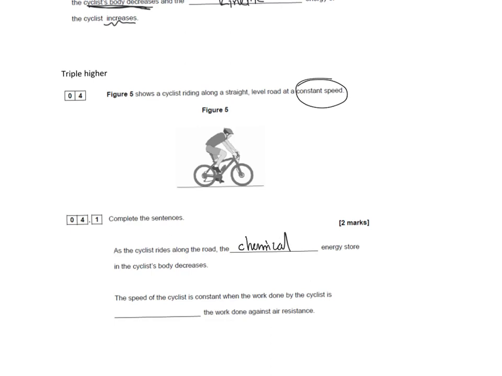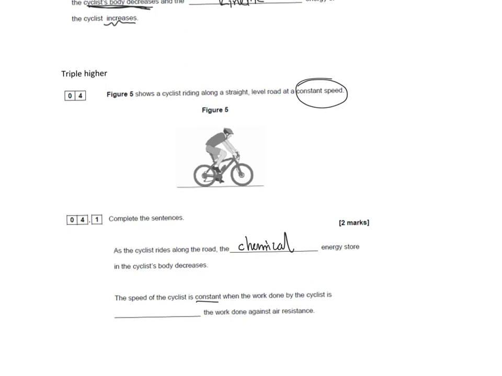So every time we exercise, the chemical energy store in our bodies decreases, and other energy stores increase as we transfer energy from one form to the other. And I will go into that in a second as well. So the speed of the cyclist is constant when the work done by the cyclist is something the work done against air resistance.